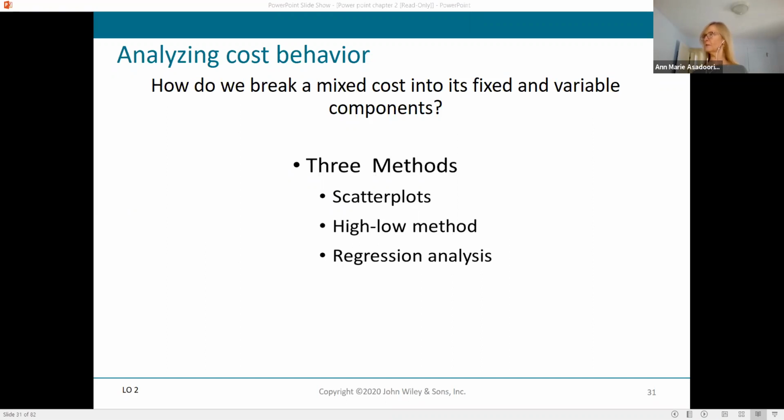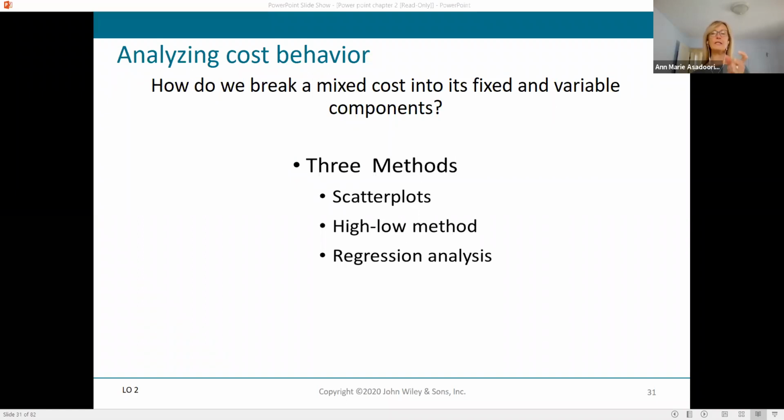Okay, everybody's good? Okay. All right, so we're talking here about predicting what a mixed cost is going to look like in the future. We know how to identify a mixed cost. A mixed cost has both a fixed and a variable portion. So we just went through last class, we said a mixed cost in total will go up as volume goes up, because there's a variable portion in there.